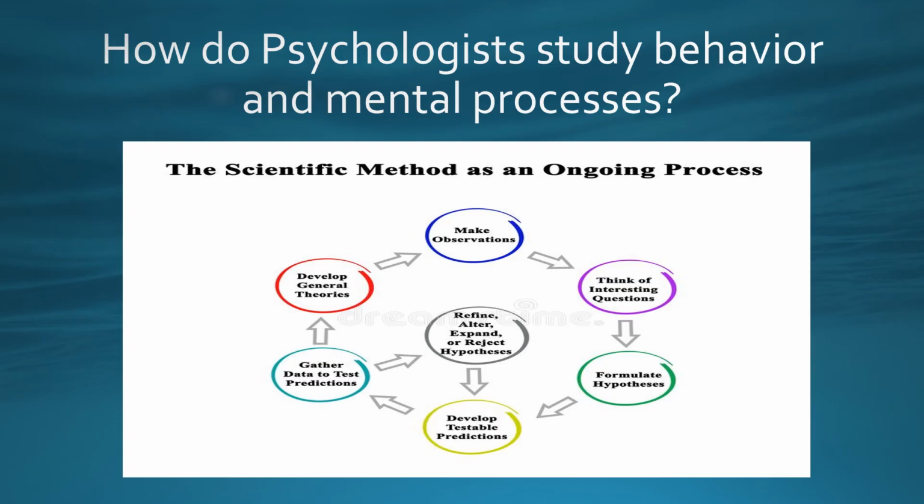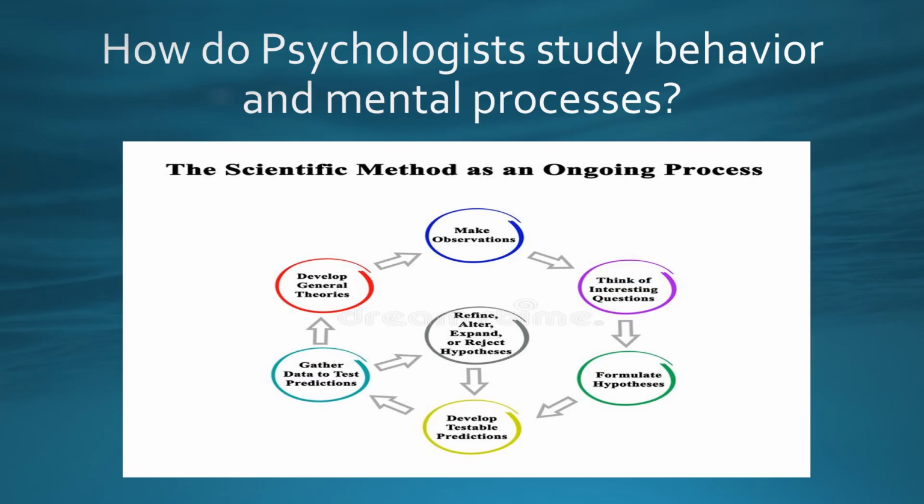So first, observations are made. They may observe how someone behaves, and then they think of questions. What questions come up when you observe that person? And then you formulate a hypothesis, or you take a guess as to perhaps why that person's acting the way they are. And then you figure out how to test that. You make predictions, you develop ways to test that guess.